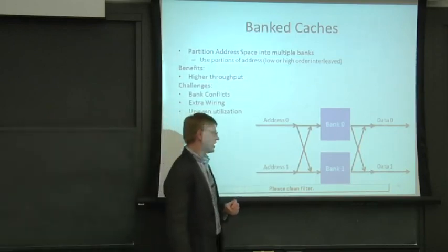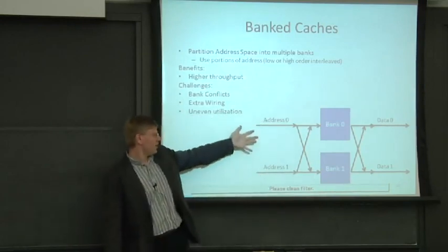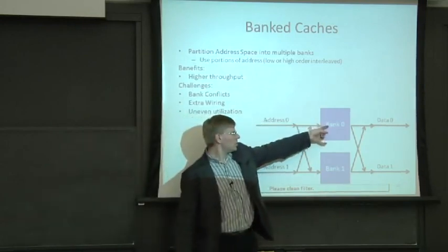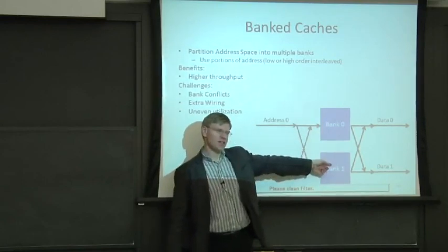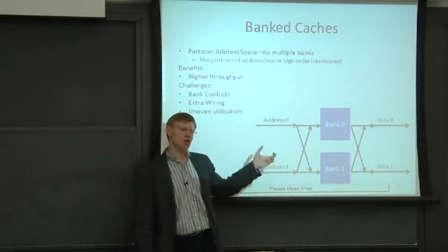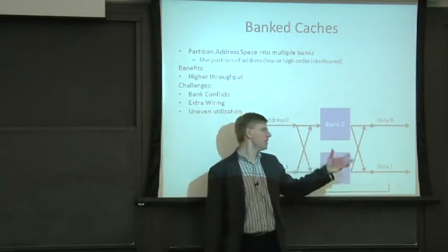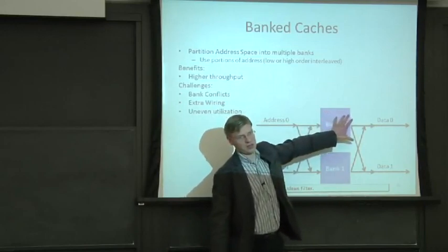OK, uneven utilization. So what do I mean by that? Well, just like you can have bank conflicts due to the addressing of the hashing scheme, you can also have a pathological case where all of the interesting data is stored in one of the banks.